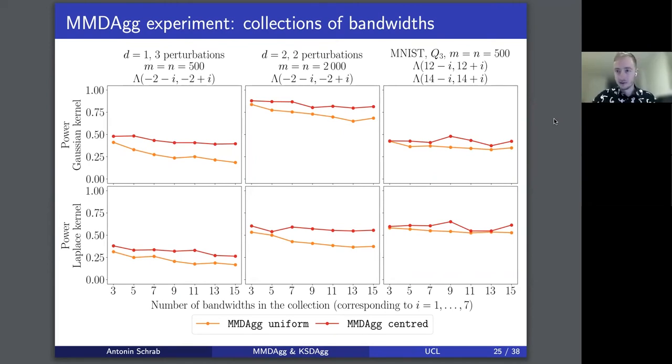So it's really interesting to see that if we just think, oh, it's going to be between 2 to the minus 10 and 2 to the 10 times the median bandwidth, then we don't lose that much by just considering more bandwidths. That's really important for using our test in practice. And by the way, the different weighting strategies can be seen as incorporating some prior knowledge into our test. We have a collection of bandwidths, and if we have some prior knowledge about where the best bandwidth might be, we can put the most weight on there.